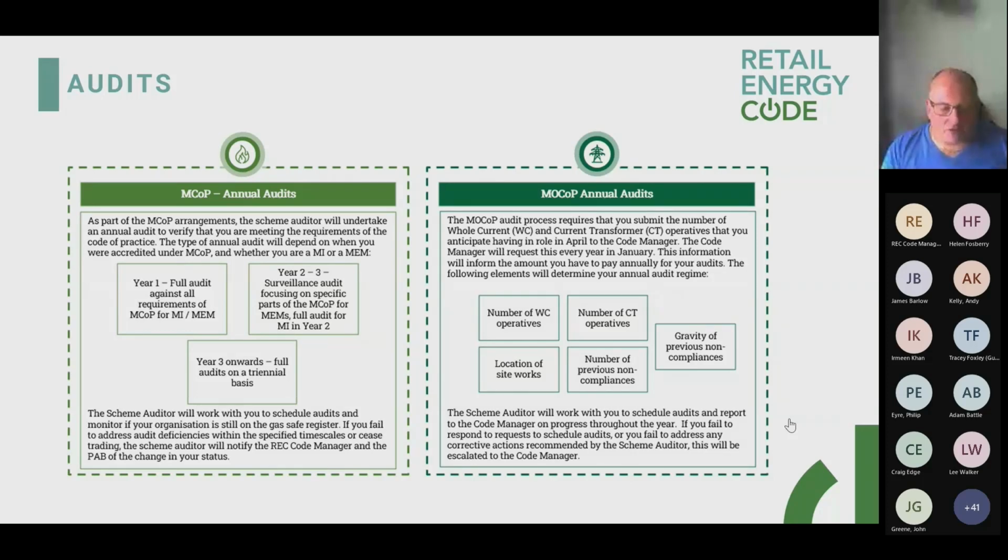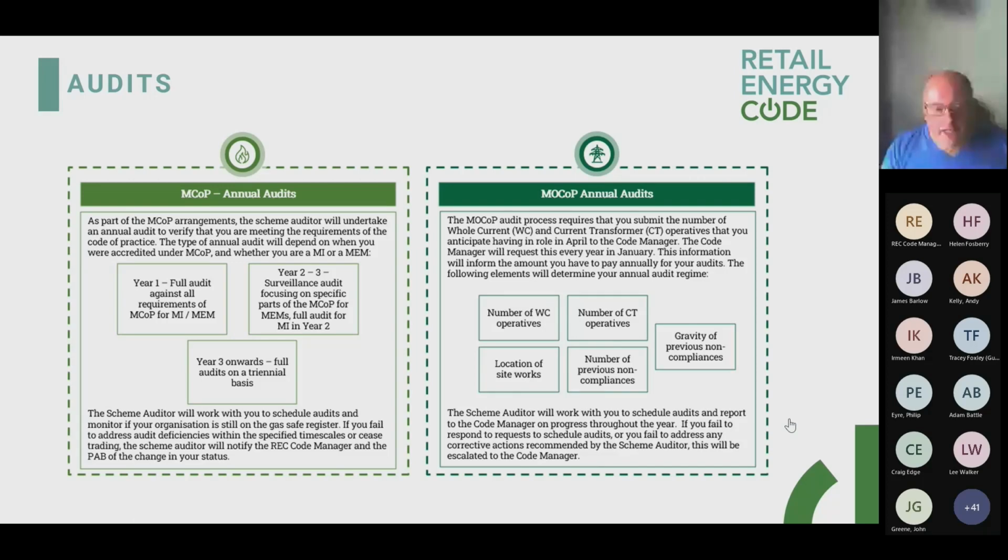So anything that relates to a meter installer or anything that relates to a meter equipment manager, so the whole code. But it's only for the gas parts. So even though the COMCOP eventually will be a unified document, it will still only relate to gas for this particular audit.